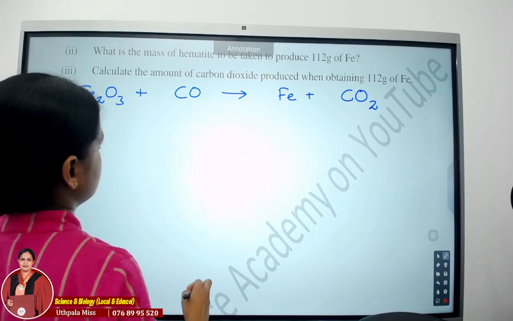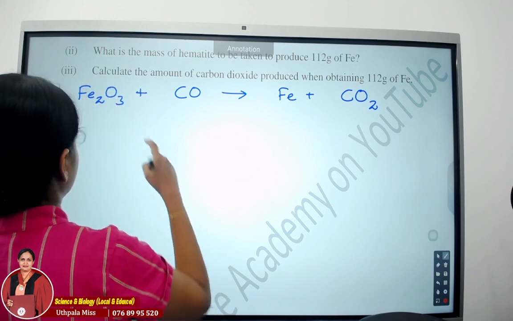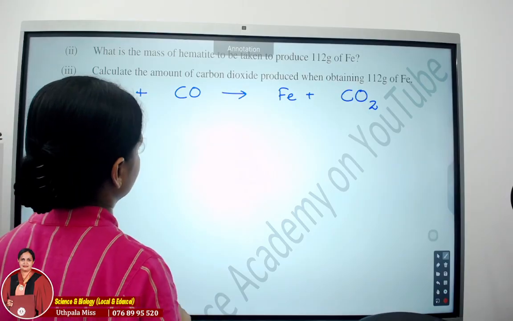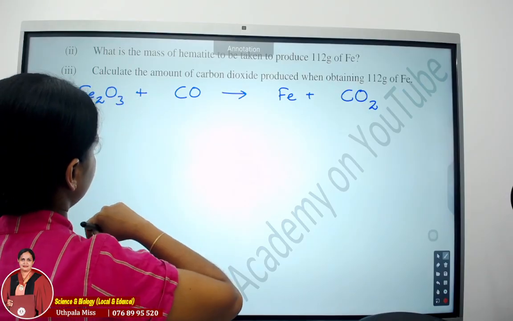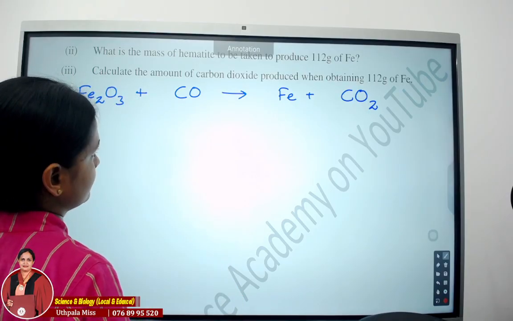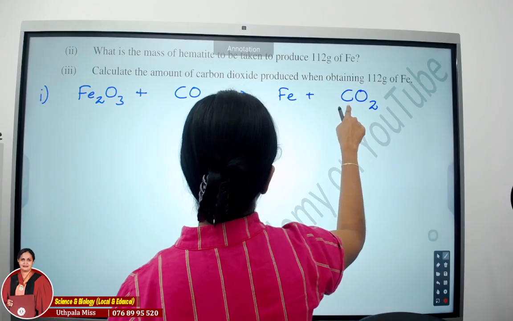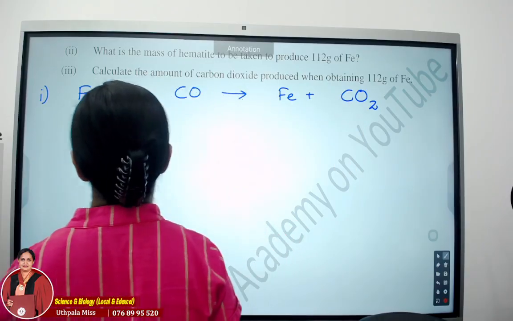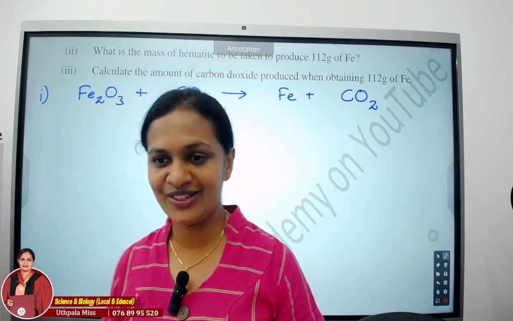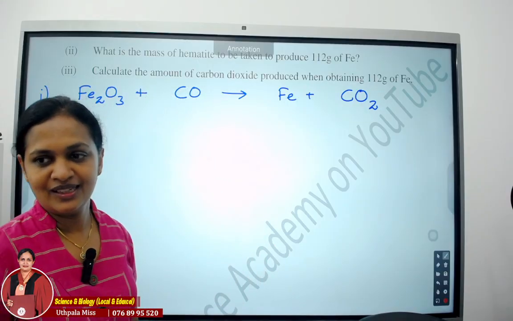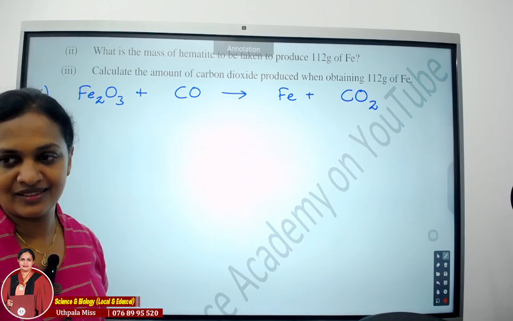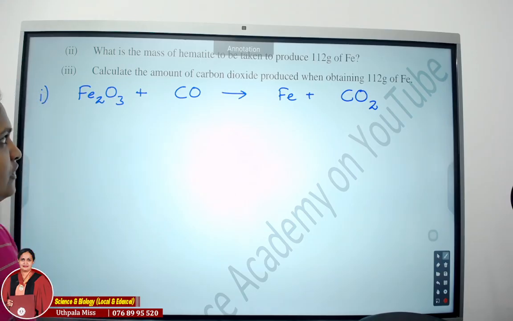Since there are 3 oxygen here and another 1 oxygen, altogether 4 oxygen. If I put 2 in front of this, 2 carbon, then oxygen is not balanced. Neither. So, what should I do? 3 in front of carbon monoxide.